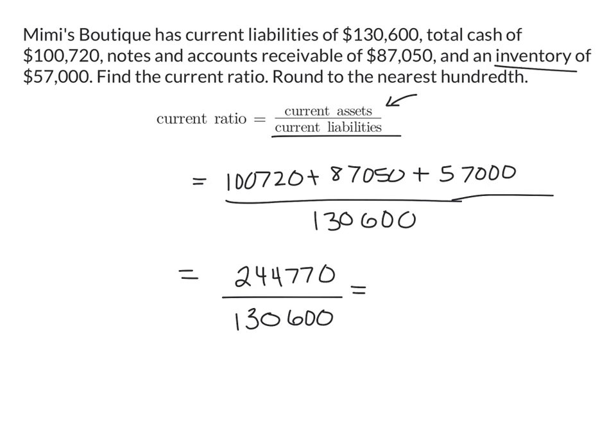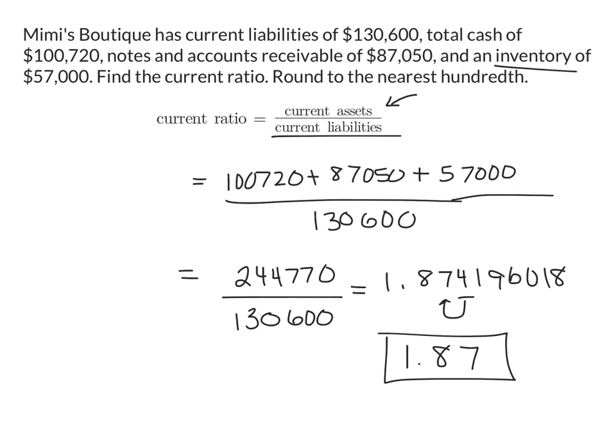When you do that, we get a decimal of 1.874196018. And the problem tells us to round to the nearest hundredth, which means 2 decimal places. So we look at the 4. Since the 4 is less than 5, we leave the 7 as is. And our final answer is 1.87. That is the current ratio.